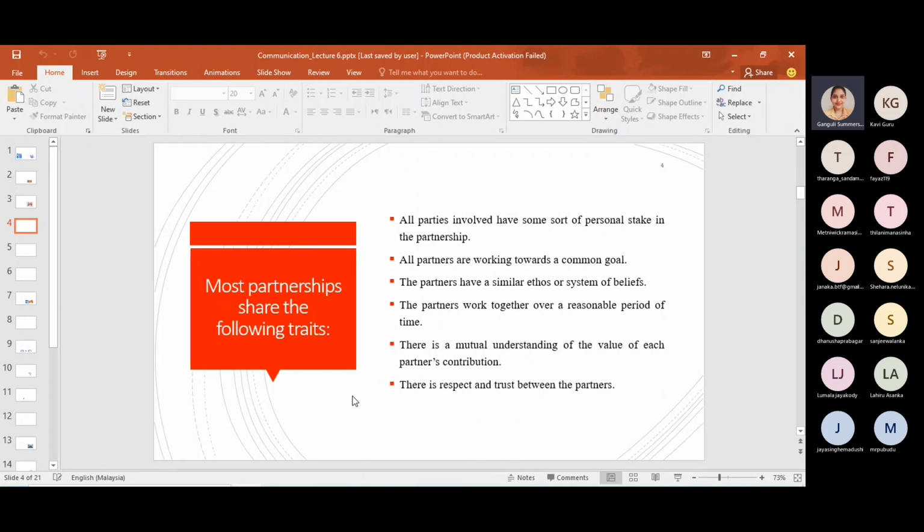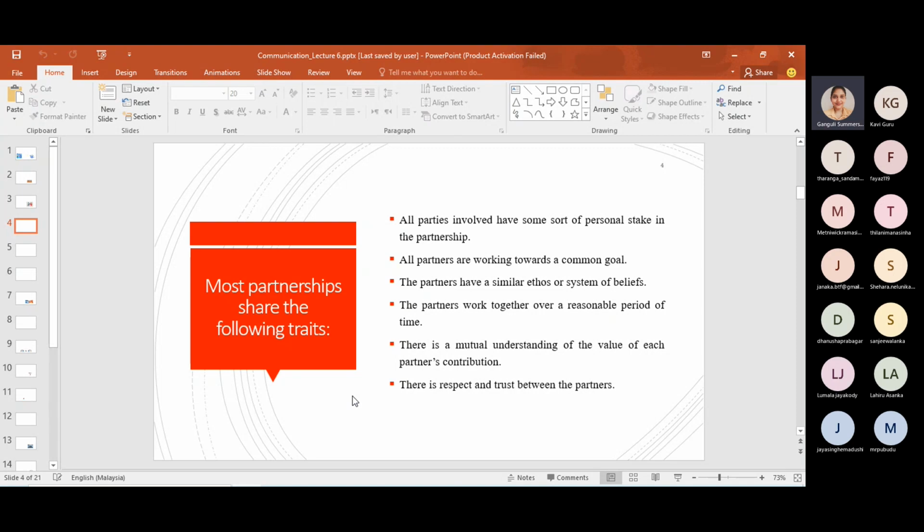Okay, however, all the organizations and companies in a partnership will gain some sort of benefit through this partnership, because that is the whole point of getting into a partnership.